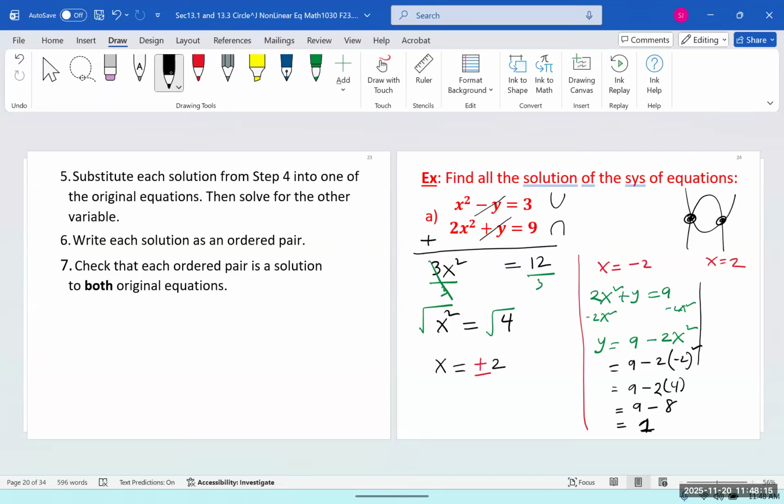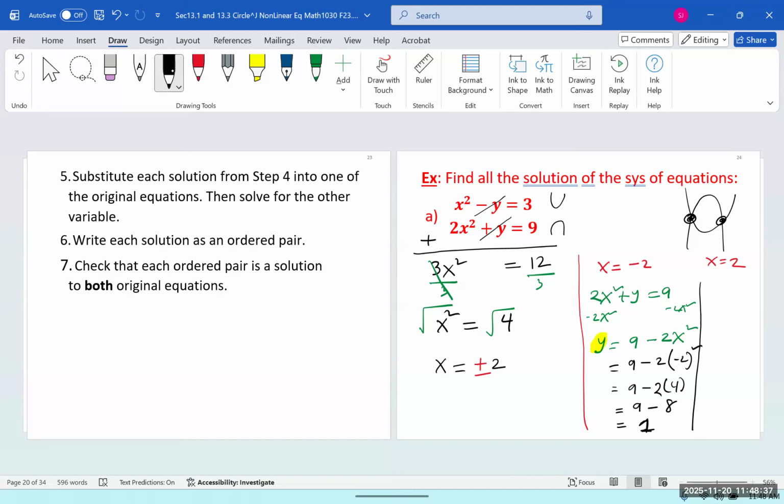I did it differently though. So I solve for y first.